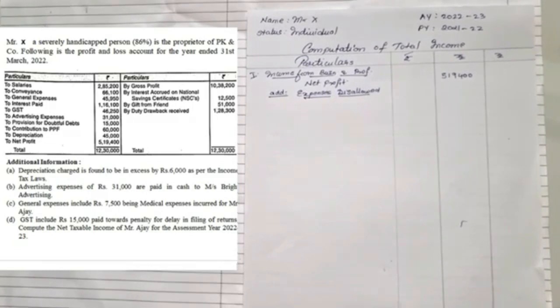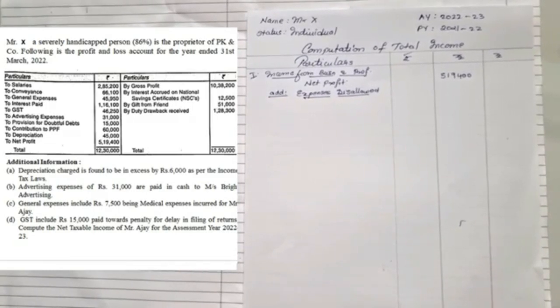General expense includes 7,500 for medical expense incurred for Mr. X. Okay, so if it is for Mr. X, now this is something which is very personal. The amount of general expense which was for personal use is given here. Medical expense was 7,500.